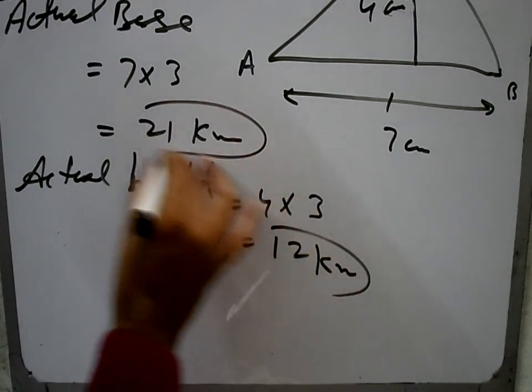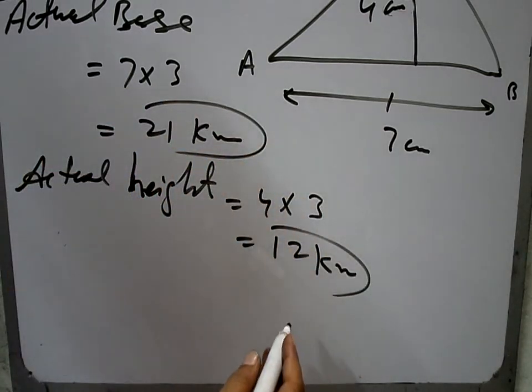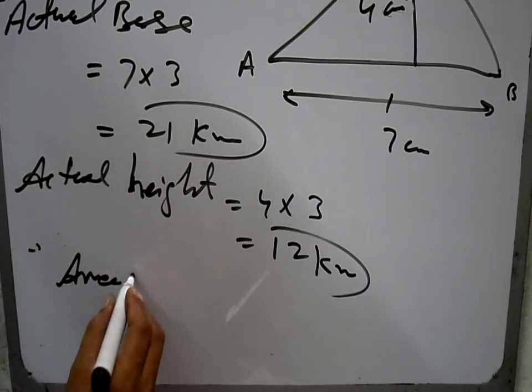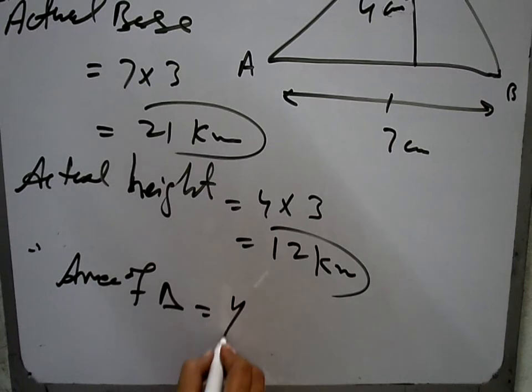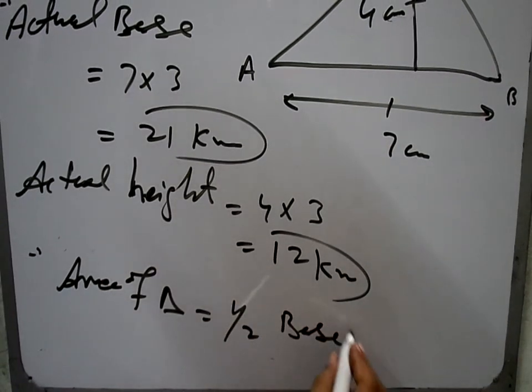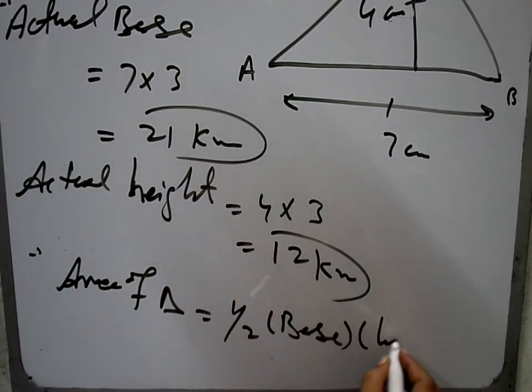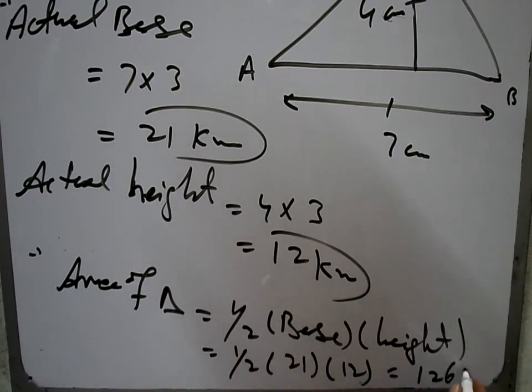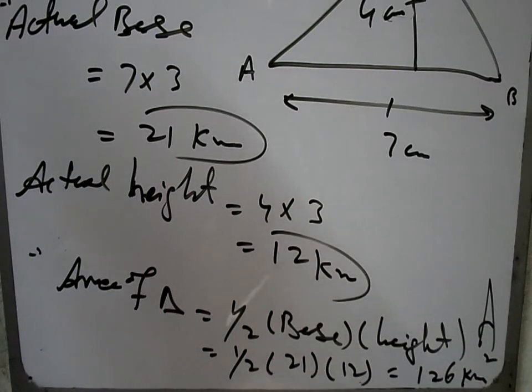So actual base is 21, and for area we have a formula, that is area of triangle is half base into height. Putting the values, here 21, here 12, after simplification you will get 126 kilometer square is your area. That is your result. Coming to the last question.